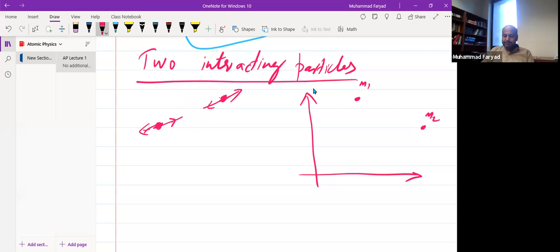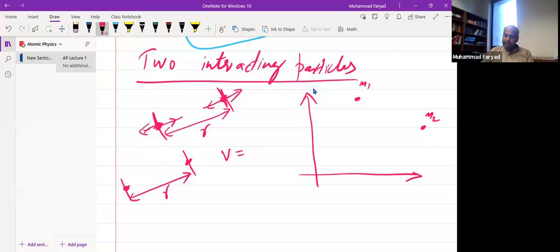And if we work out the potential for these central interactions, we see that the potential is only a function of the distance between the two particles, and it's independent of their individual locations. It doesn't matter if your particles are here or here, as long as the distance between these particles is the same, the strength of interaction and the direction of interaction is the same.